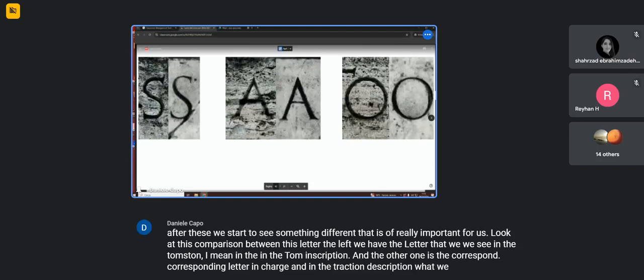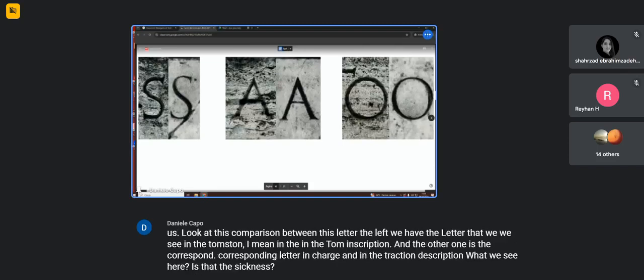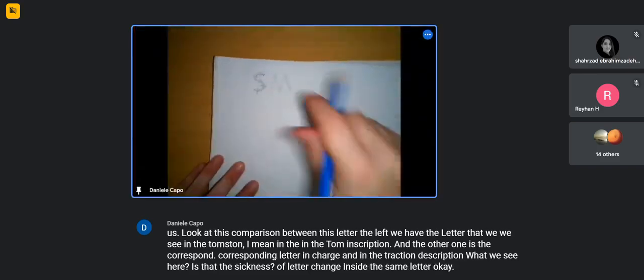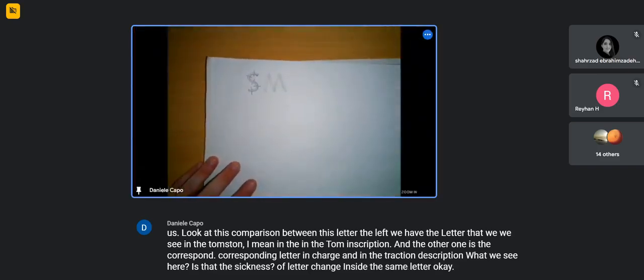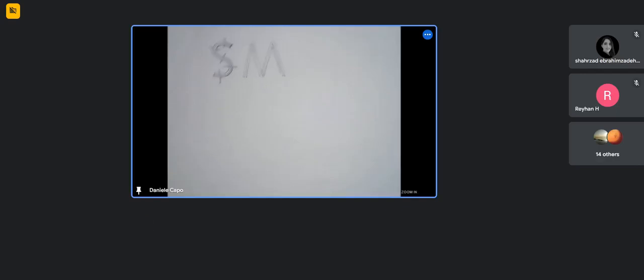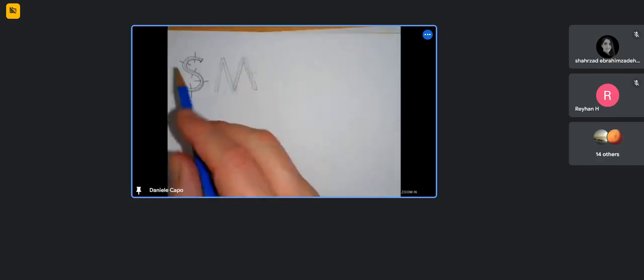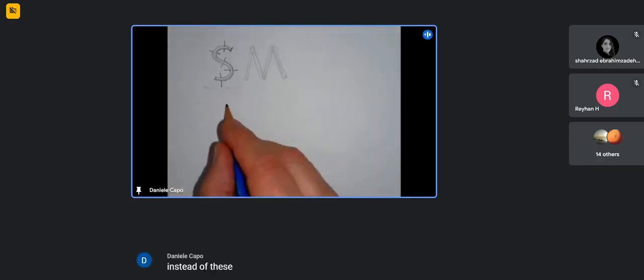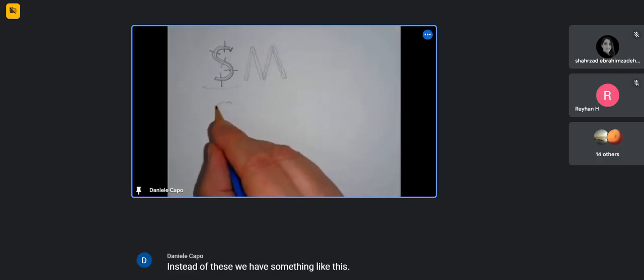What we see here is that the thickness of letter change inside the same letter, okay? Instead of this, we have something like this.